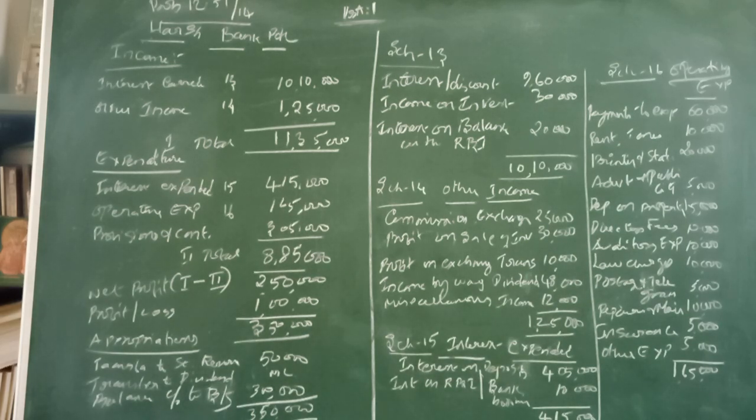Then the balance amount we have to consider for calculating the provision. That amount of tax provision is included at the rate of 50%, right?